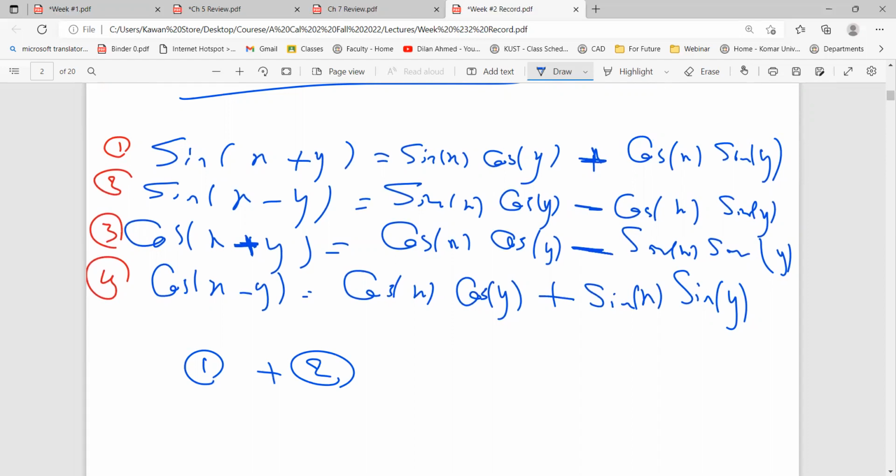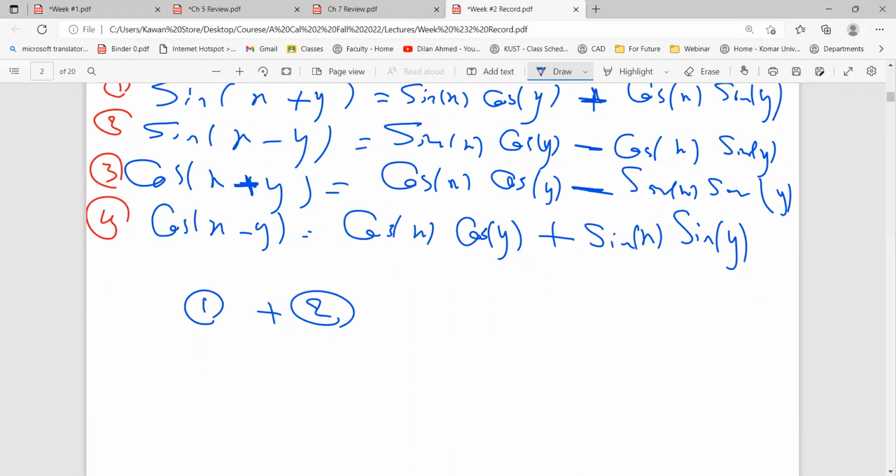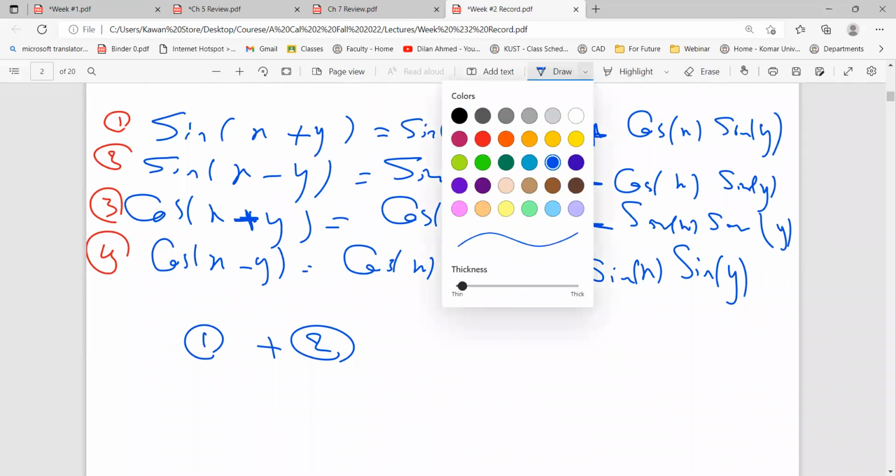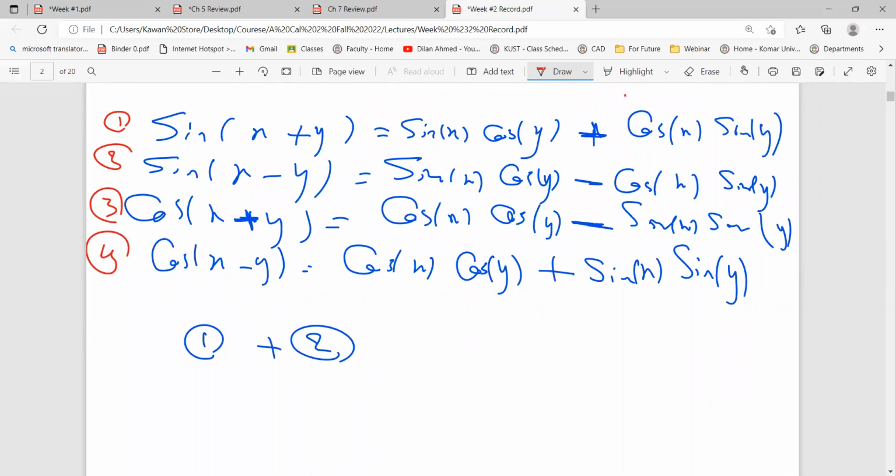No. 2 sine x cosine y. Yes, you are right. So for example, if you add these together, that one will cancel that part, right? That one cancels that part. So that one plus that one, they are the same.